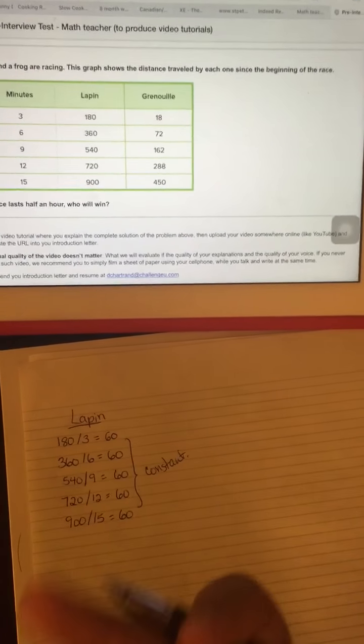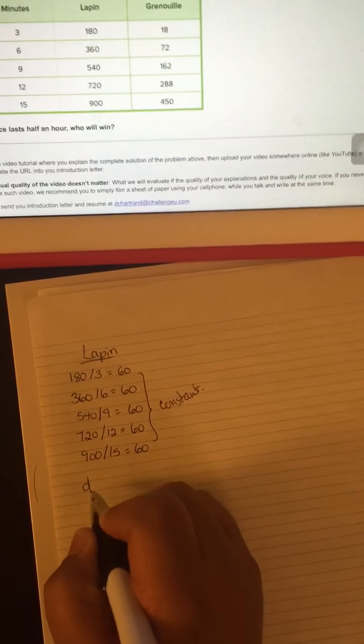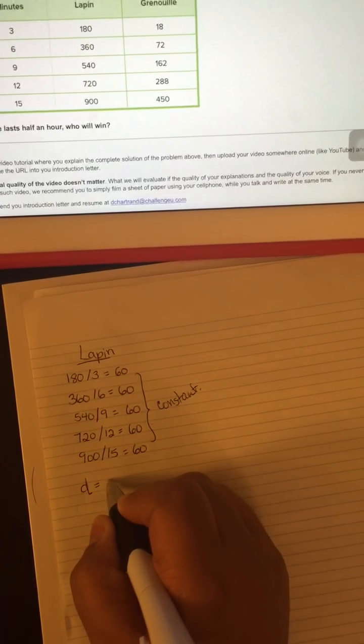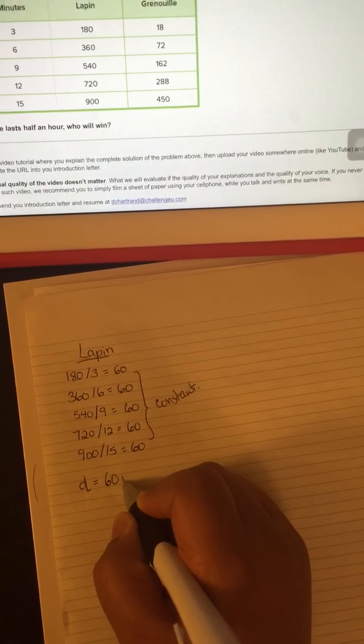So therefore, I can easily come up with an algebraic expression which tells me that whatever distance he's going to run is whatever his speed of 60 times however many minutes he's been running.